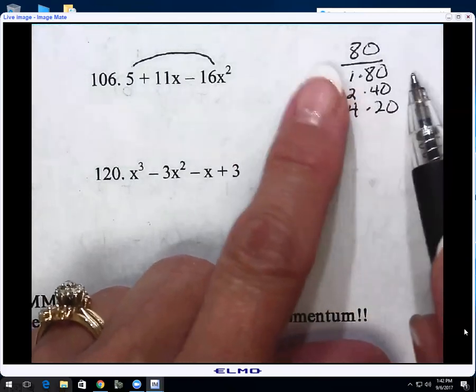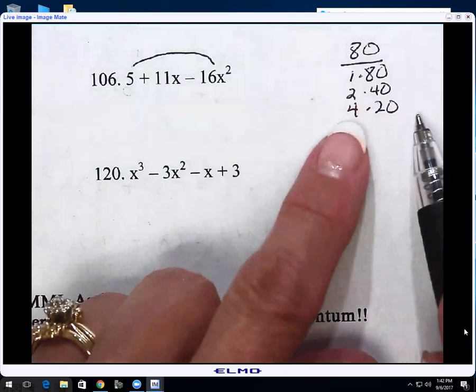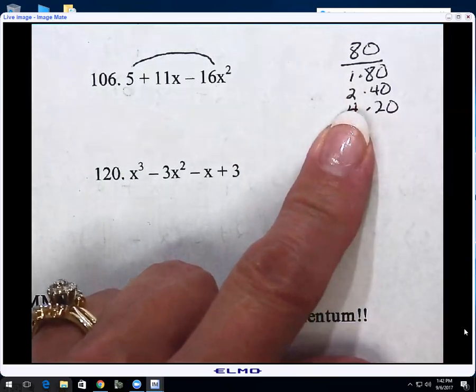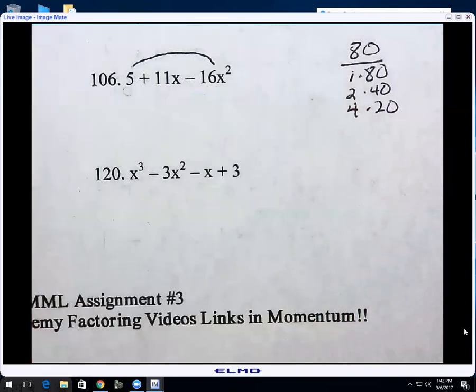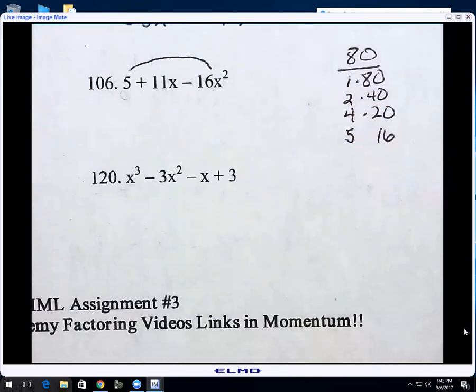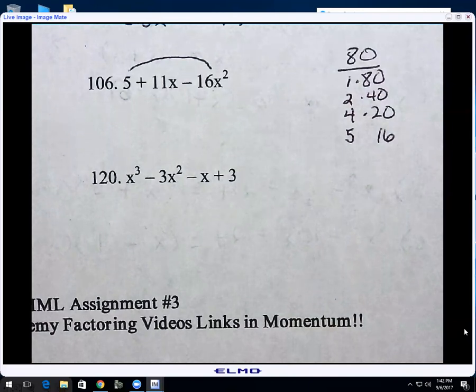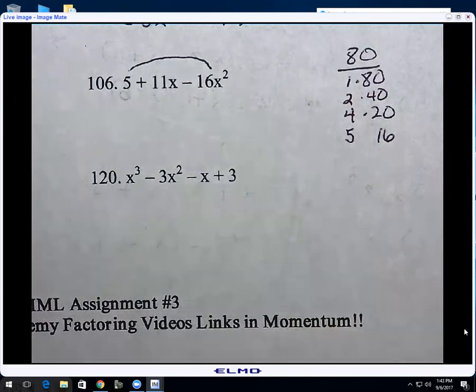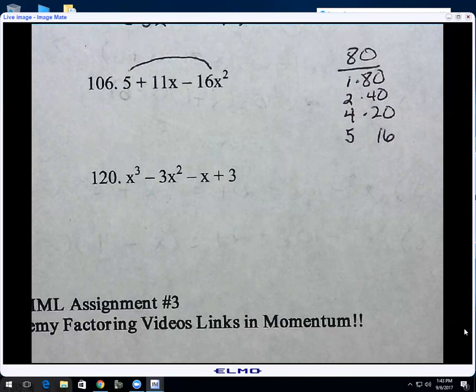Difference of 79, difference of 38, difference of 16, that means I'm closing in on it. When I get to 5 and 16, that has a difference of 11, that's what I need. Now, if you're doing trial and error, you just put down 2 parentheses and go for it. I'm only talking to the people who like grouping better. What would the signs have to be in order to give me a positive 11 in the middle?